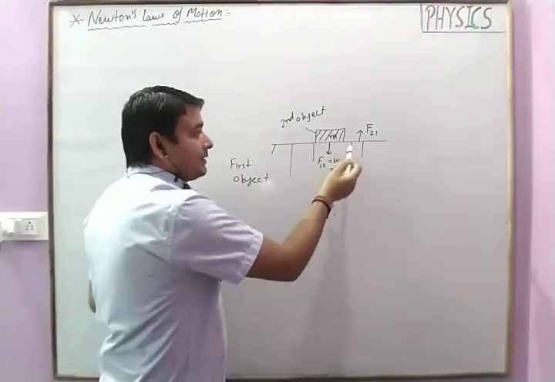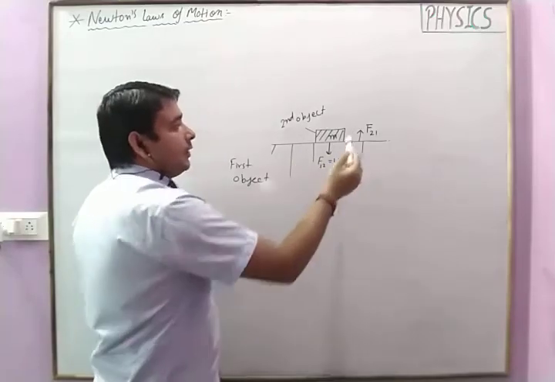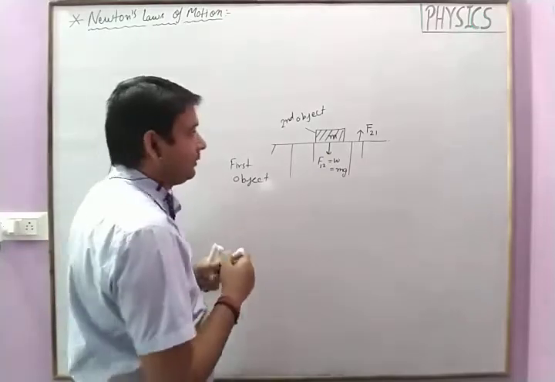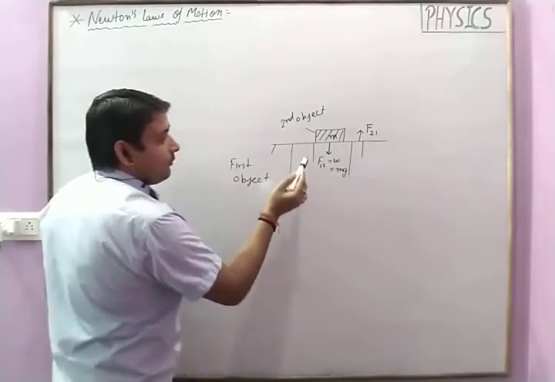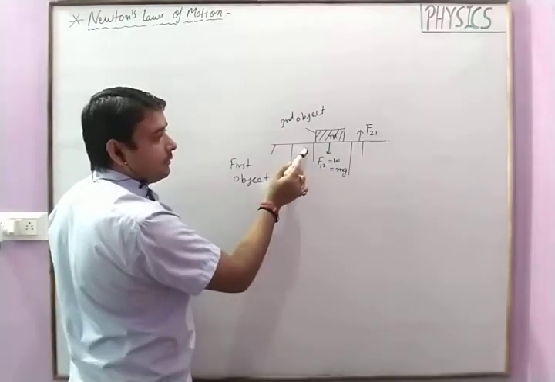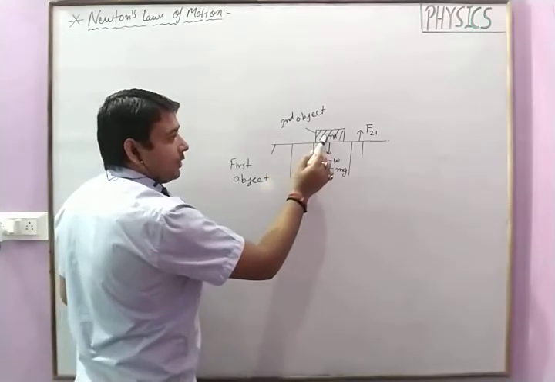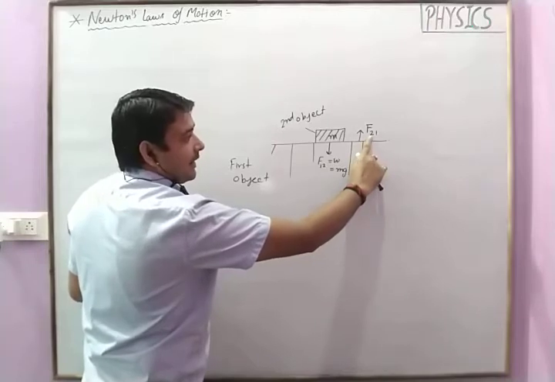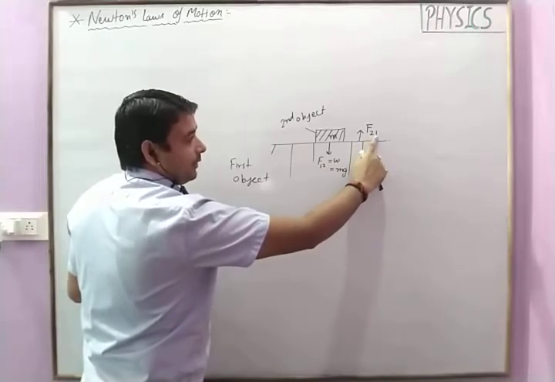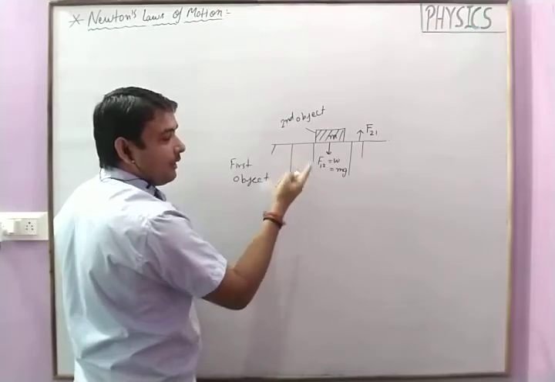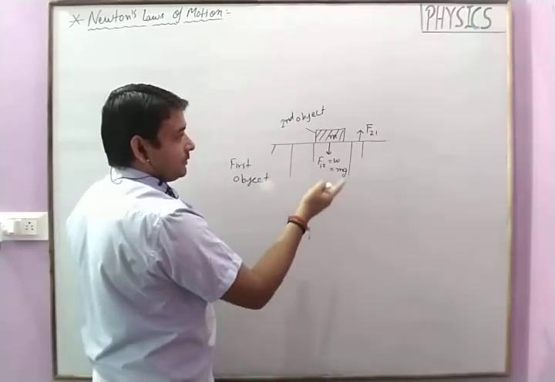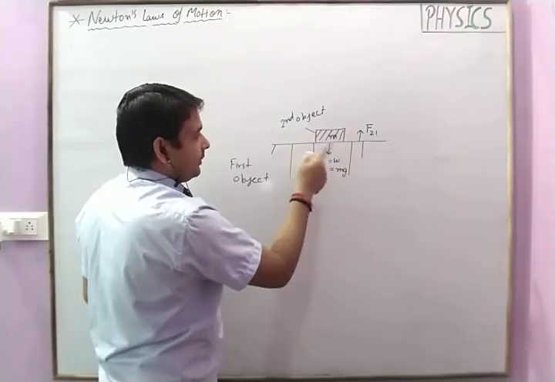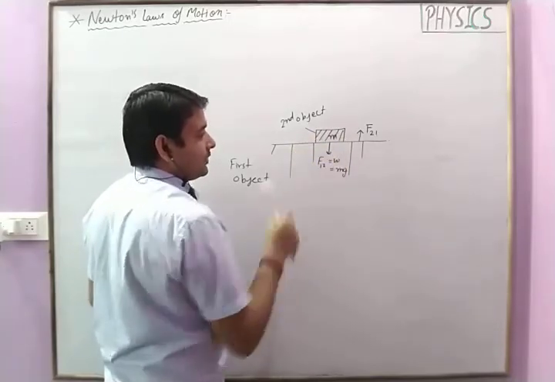So, as in equilibrium, the two forces are equal and opposite, and we say the force on the second object exerted by the first object, the table, and the force exerted by the second object on the first object.